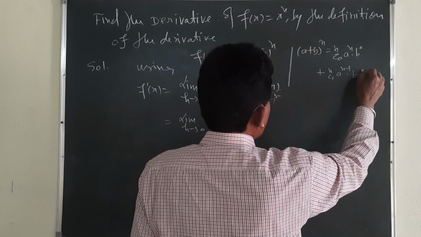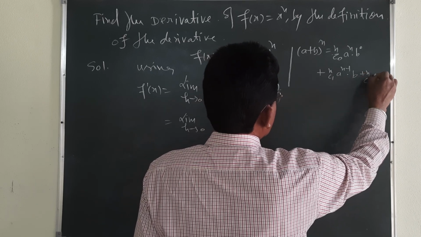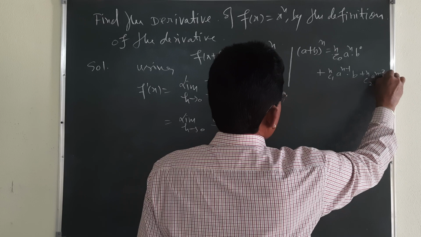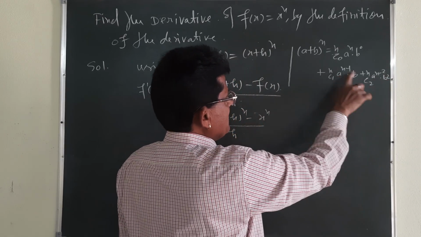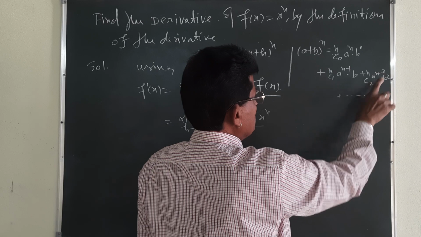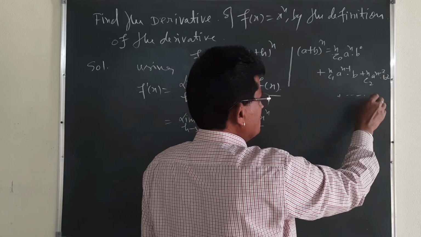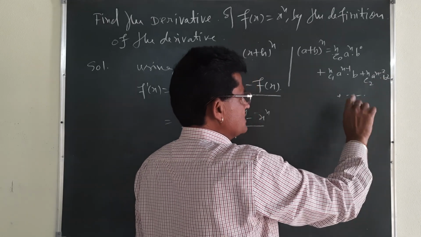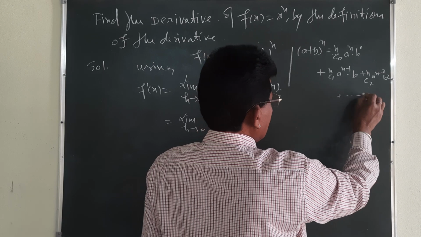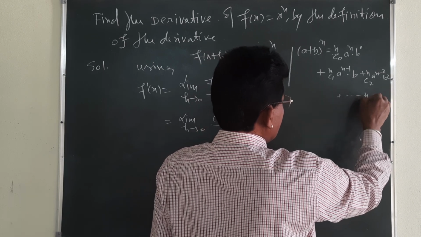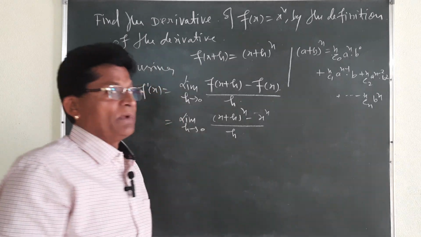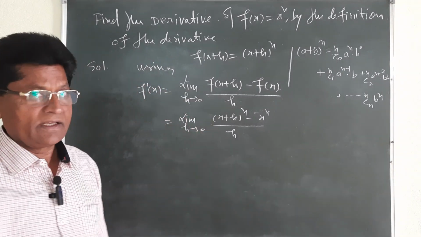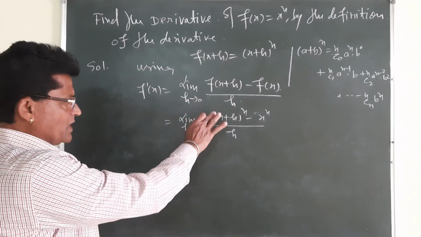Next term, nC2 a to the power n minus 2 b square, and so on. The last term, a to the power n minus n is a to the power 0, that will be 1. That is why I write nCn and b to the power n. That is the binomial theorem. You will have to use it over here. Easily you can find its value.